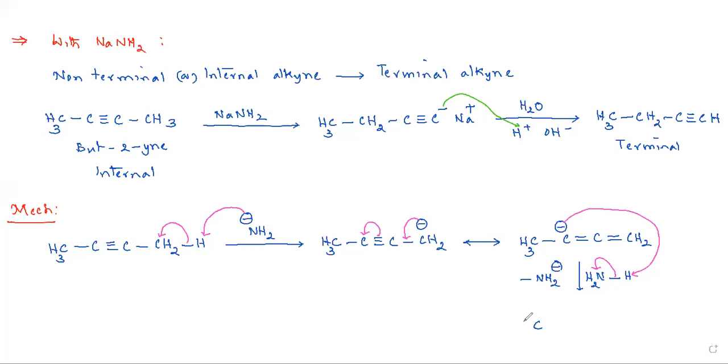Okay, then this will be CH3, then of course a CH double bond C double bond CH. Allene type of structure? This on further treatment with another molecule of base.